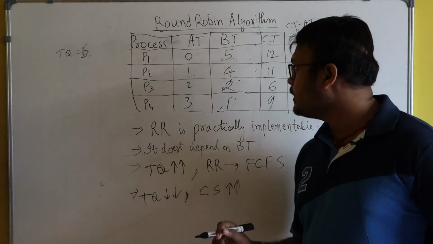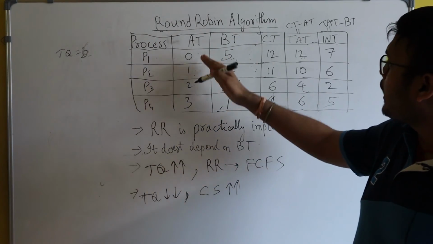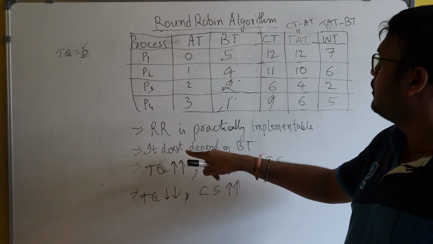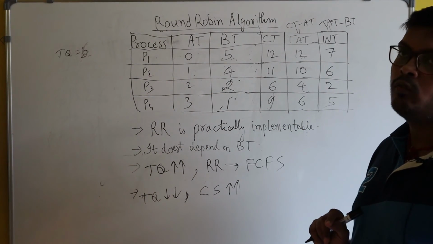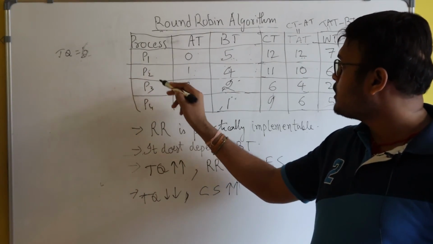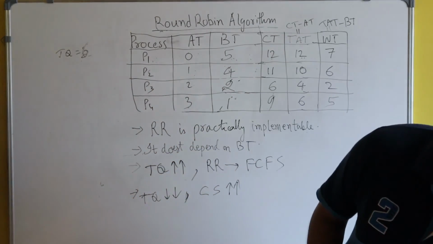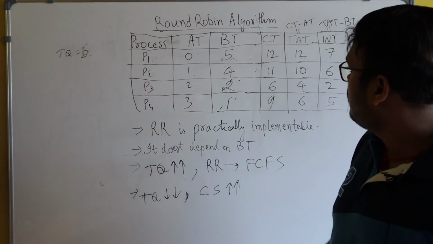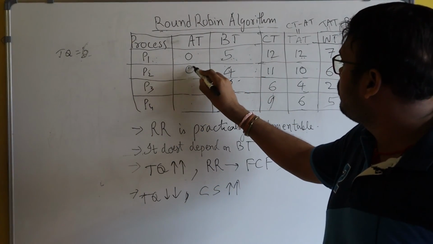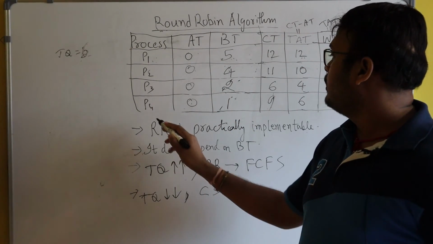Yes, also one thing is there. Suppose all the processes arrive at the same time, maybe all the processes arrive at 0 seconds. Then what will happen? Then you just take the processes as per the process ID. Suppose here the arrival time is 0 for all the processes.